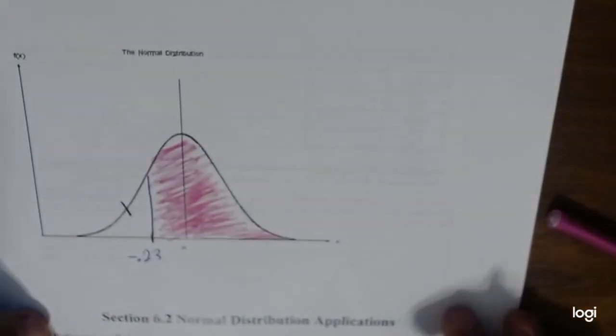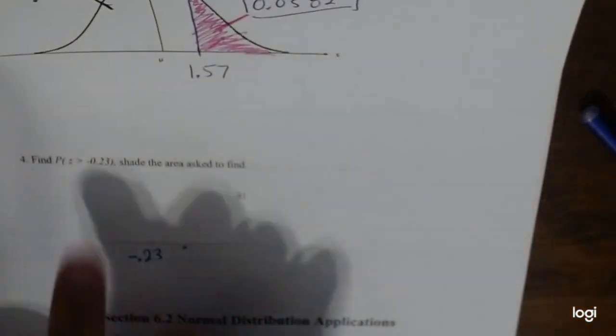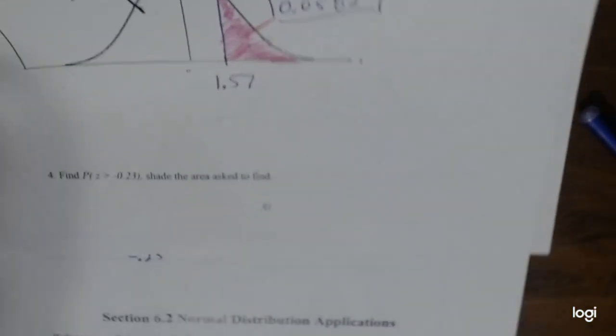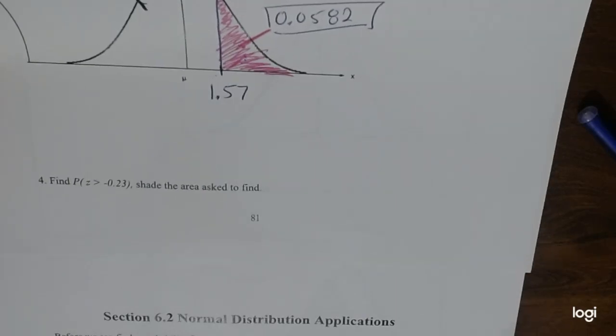So in that case, I've got to find first the area to the left of it. Now here's the thing. It says greater than that, right? So 0.2. The first two numbers are 0.2. Notice that? Still first two numbers.